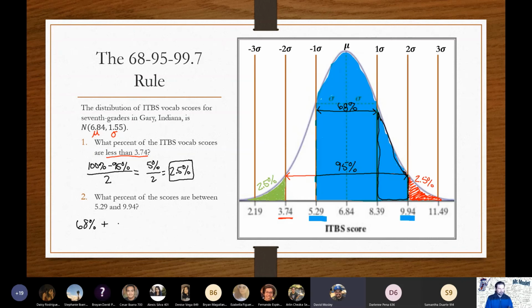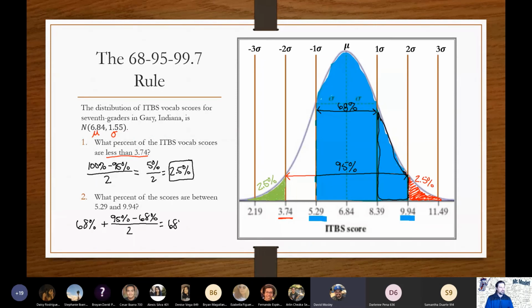So to do that, I find out how much the extra standard deviation is worth percentage-wise, which means I'll take the 95%, subtract the 68%, and divide that by 2. And that'll tell me how much one of these sections is worth percentage-wise.